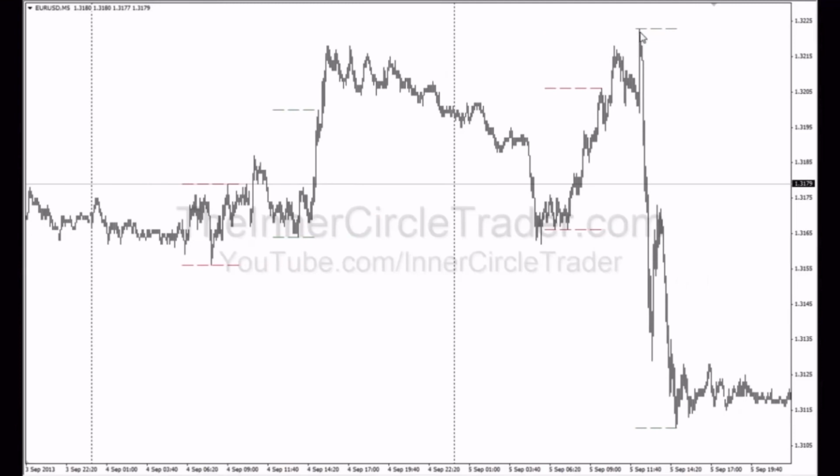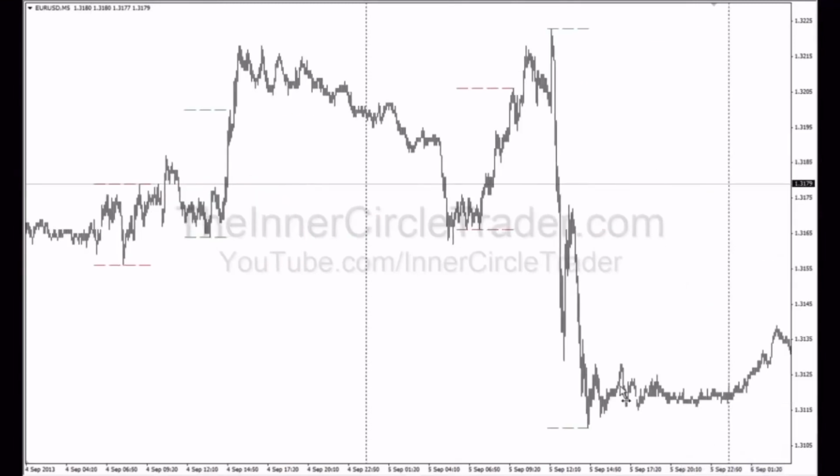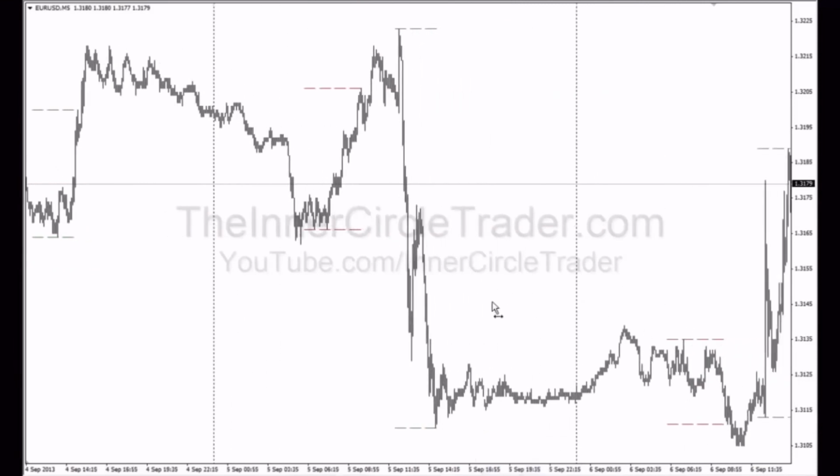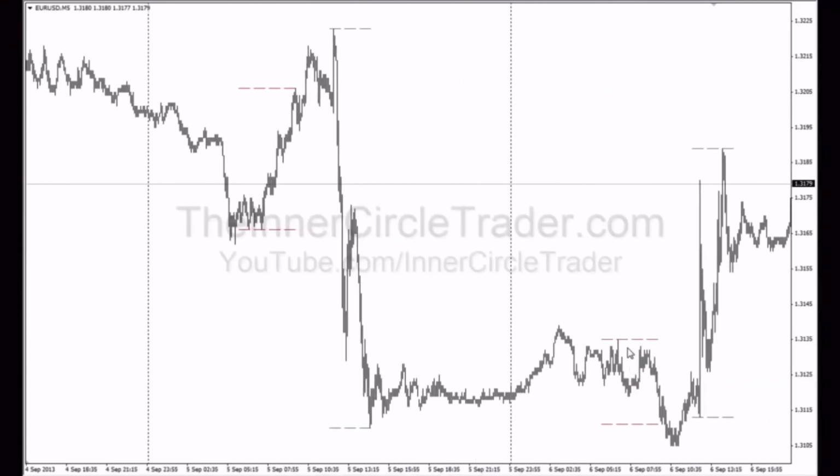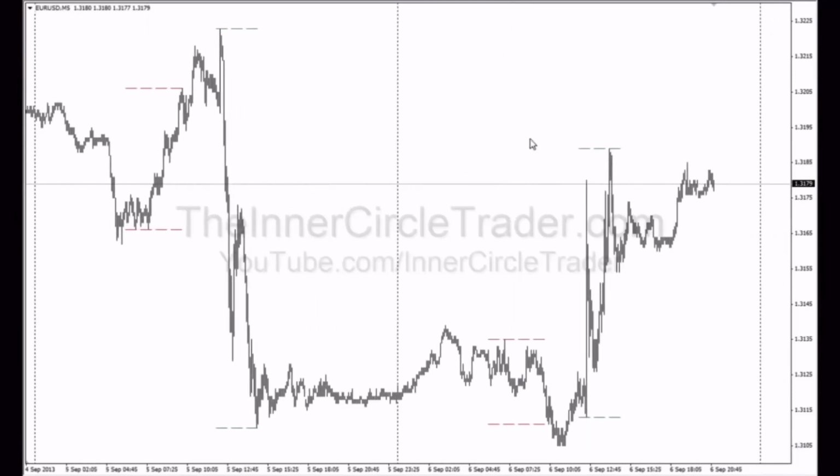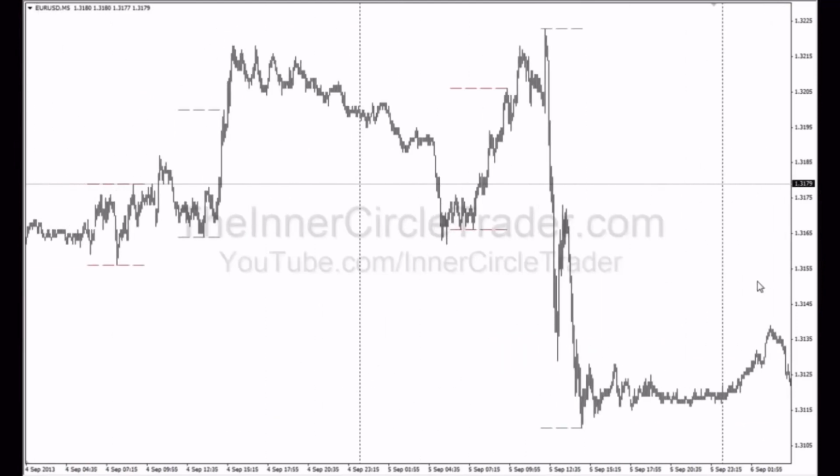The high formed during the New York open session, and the low actually formed in the New York session as well. The following day we had a short-term high formed in here, but a tradable low formed off the fiber in the New York session, making the high here and then closing the week out as we see.